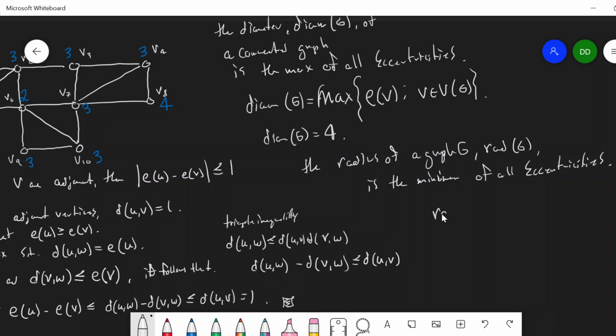So the radius of G is the minimum of all of the eccentricities over vertices in the graph. In particular, for this graph over here, the smallest one was 2. The radius of G is equal to 2 for that graph.